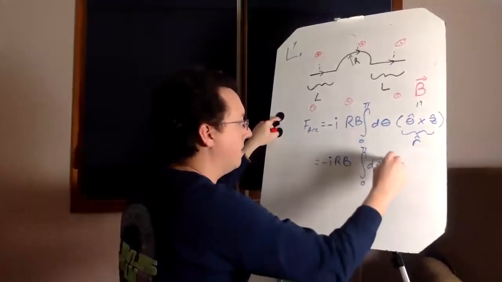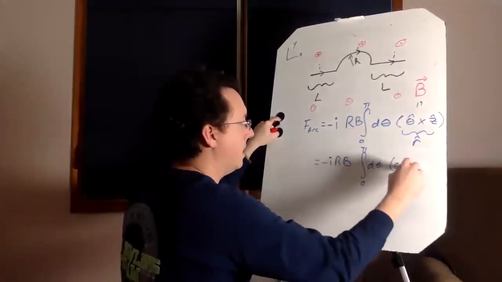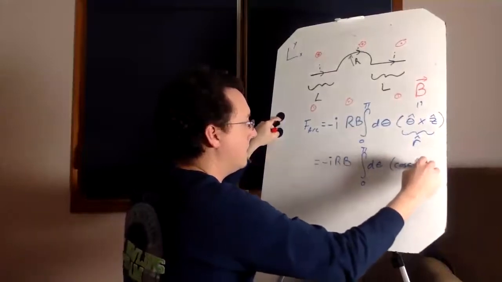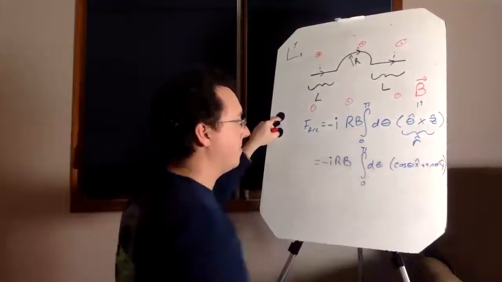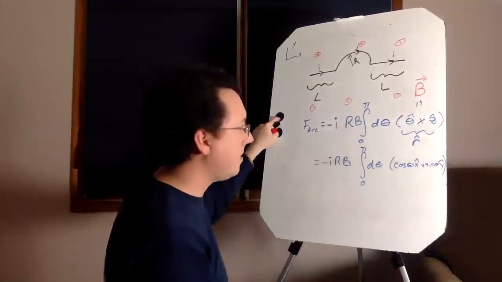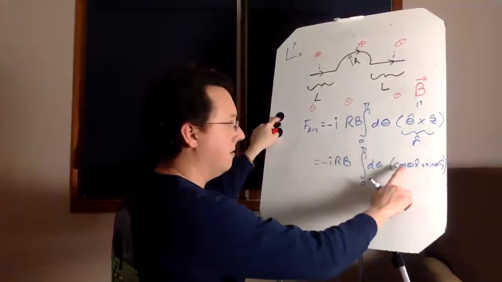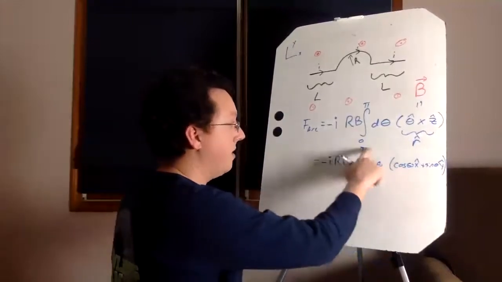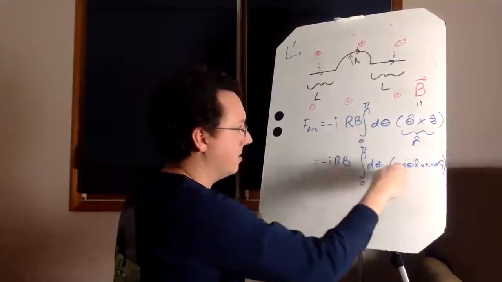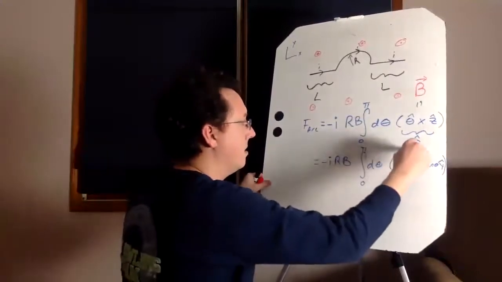But that's nothing other than cosine theta x hat plus sine theta y hat. The integral of cosine is sine, but when I evaluate it at pi and 0, it's going to go away, so that doesn't matter.